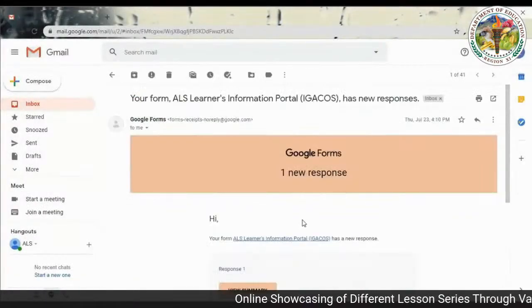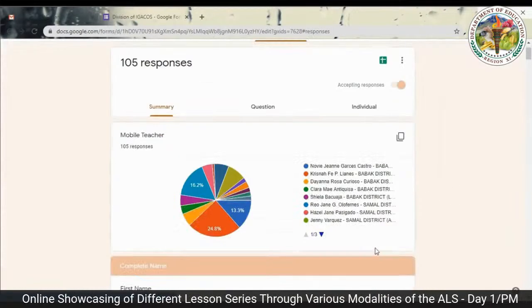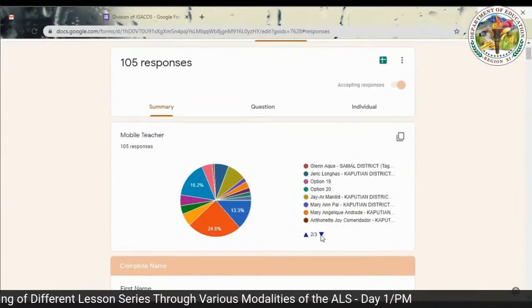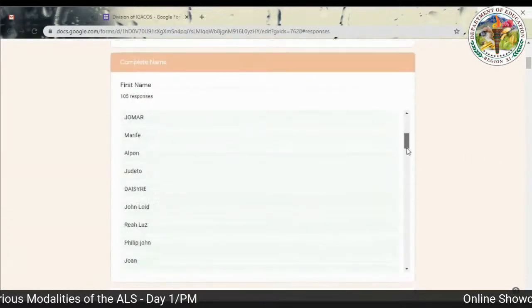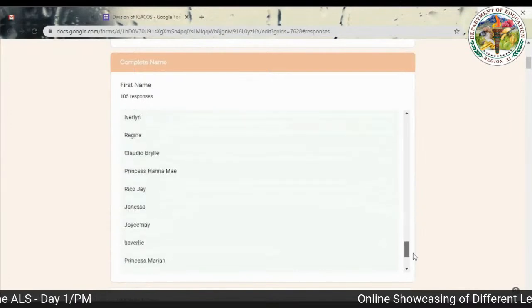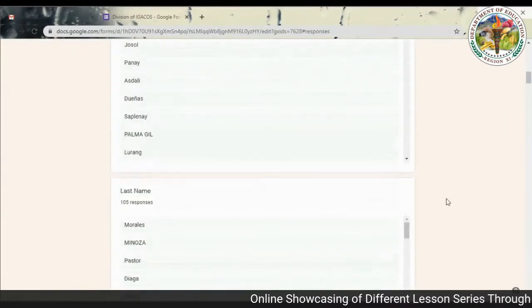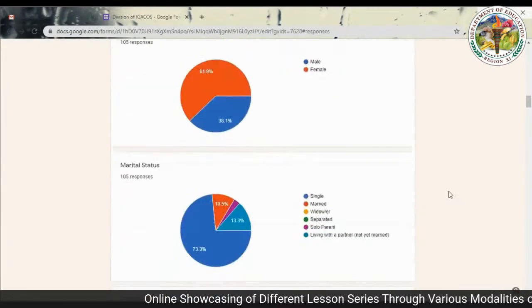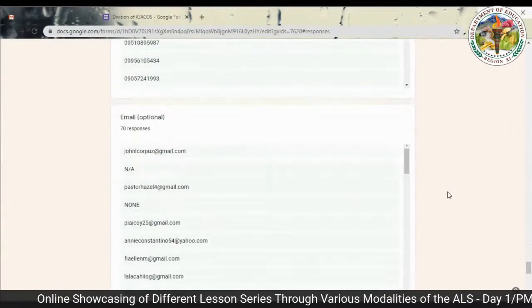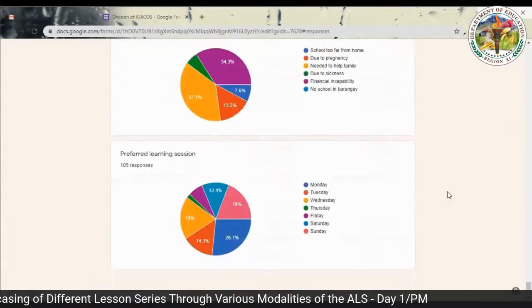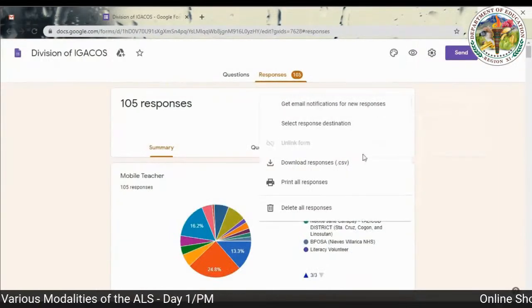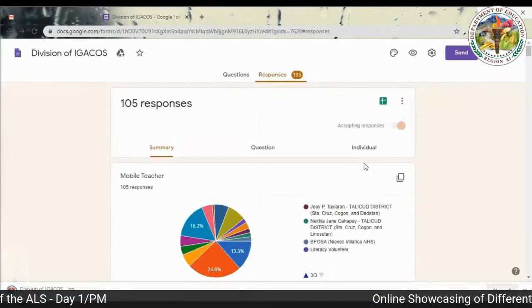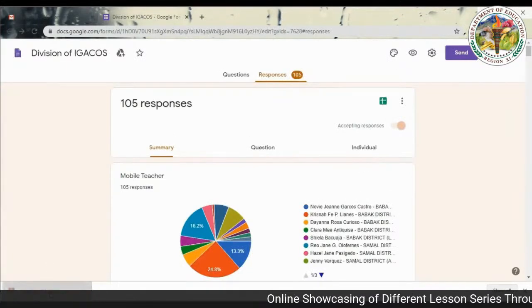Enrollment Data Generator. This is the online enrollment portal. After an enrollee submits all the information being asked in the online enrollment form, such as personal information, educational information, learning center information, including the chosen schedule of classes, and especially his or her contact number, the enrollee's data will then be generated and reflected in this portal.